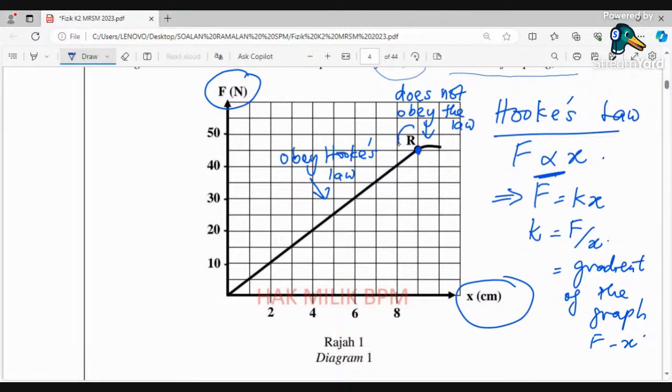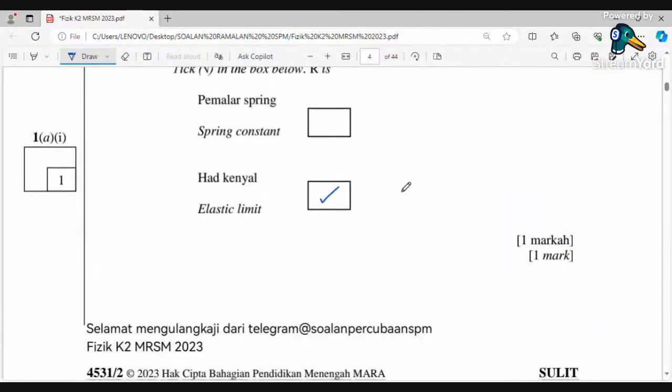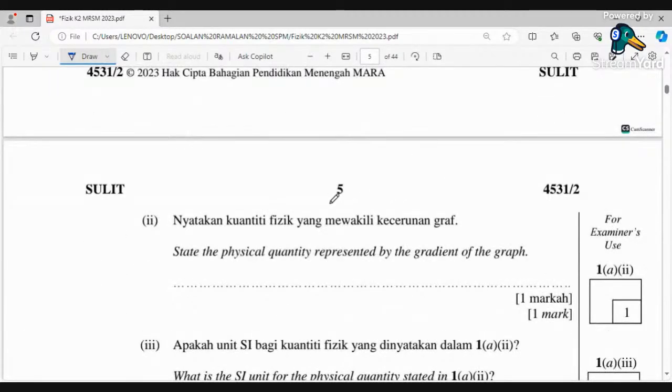So this one we call the elastic limit. The elastic limit is the maximum force that can be applied before the spring loses its elasticity. Okay, part 2.